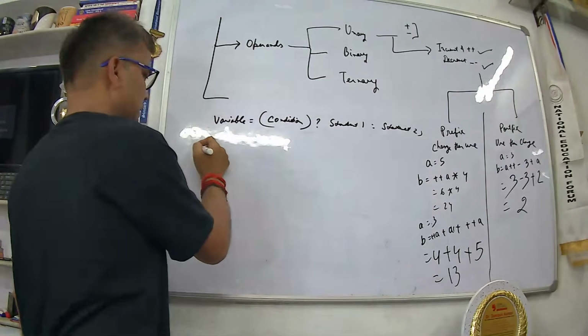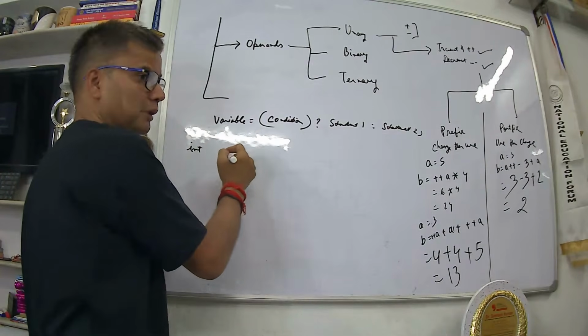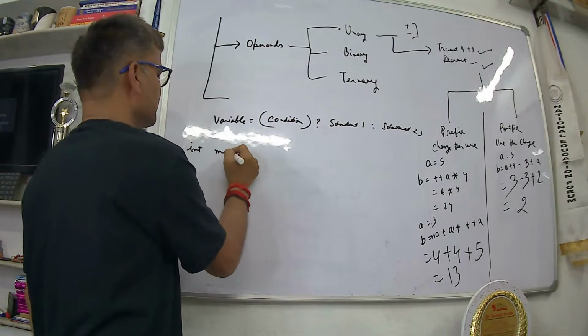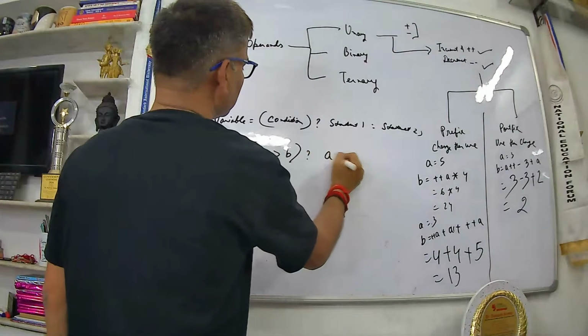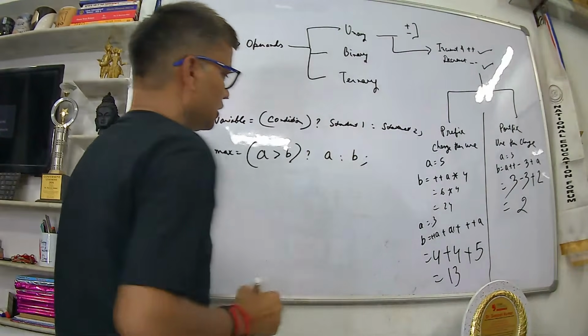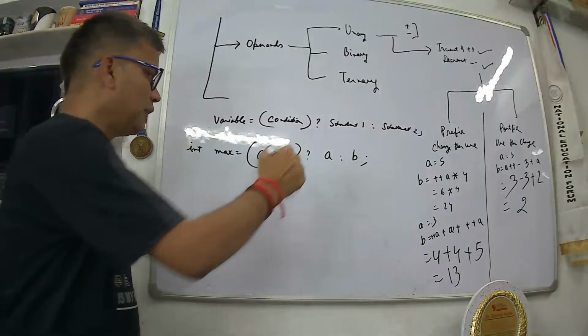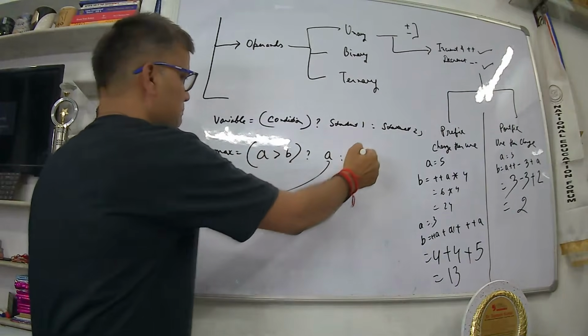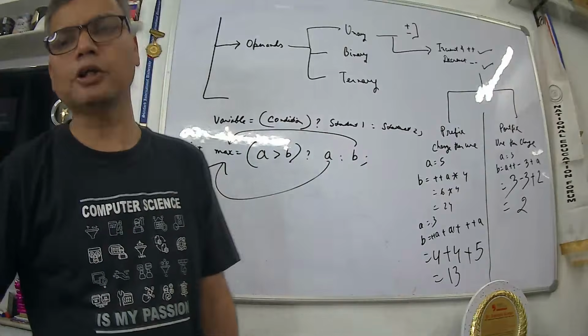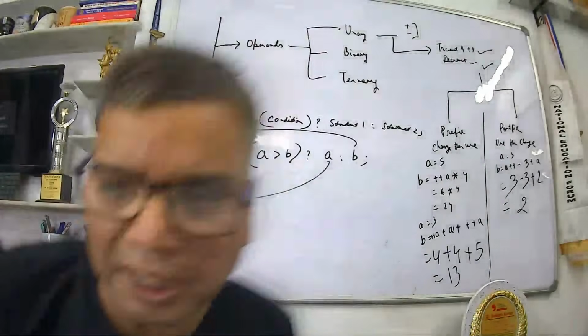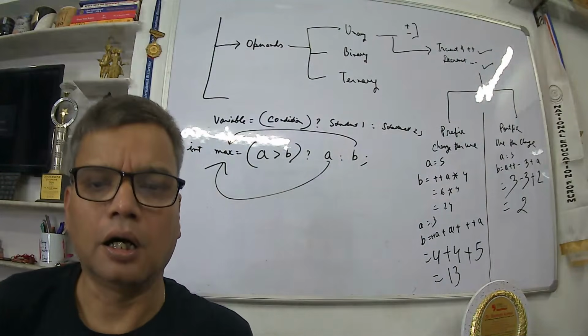Now if I have to find the bigger of two numbers: int max is equal to A greater than B, question mark, A colon B. If A is bigger, the value of A will be stored in max. If B is bigger, the value of B will be stored in max. So this ternary operator can be used for decision making.